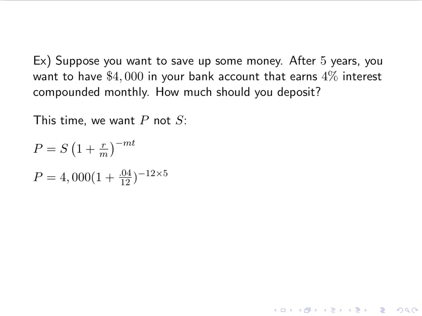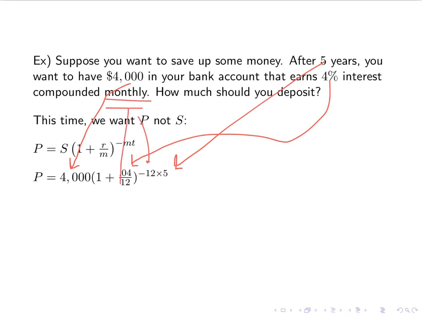And then again, I'm going to plug everything in. We said 4,000 is S, 5 years is the time, 4% interest as a decimal, 0.04, and then again monthly, so M is 12. And don't forget the negative.